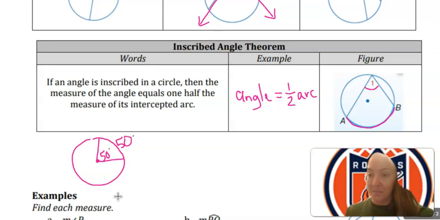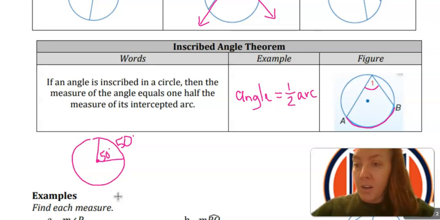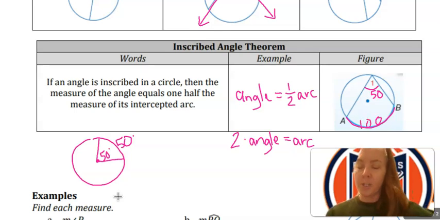They were the same. But for an inscribed angle, where our vertex is not at the center, if angle 1 is 50, the angle is half of the arc. So I had to take half of some arc to get 50. So if we double it, 2 times the angle is equal to the arc. These are both the same idea, so we know its arc would be 100.